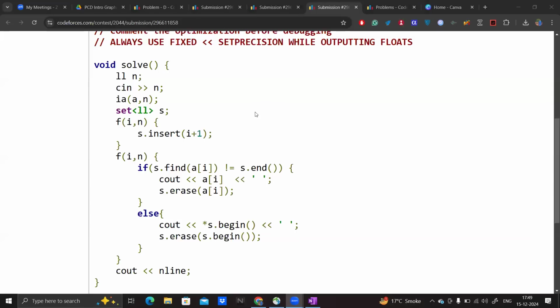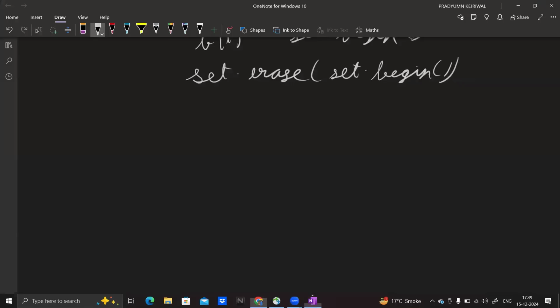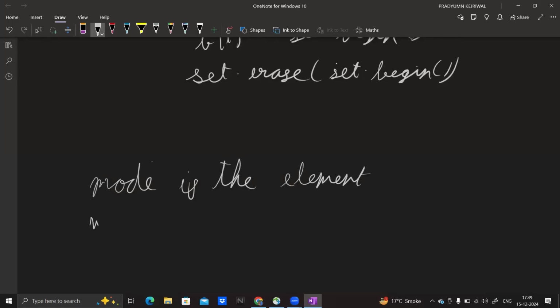What I had said was this definition is not tight. I had just given an example of why it is not tight, because there are multiple answers. Suppose the definition was that the mode is the element with maximum frequency and minimum value.